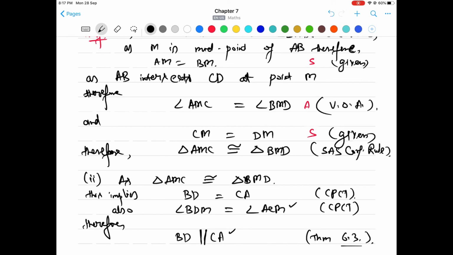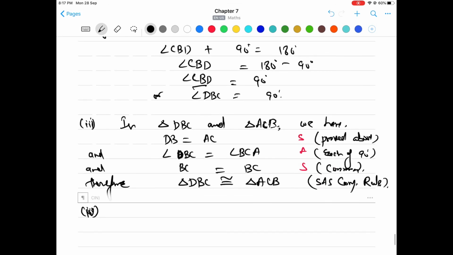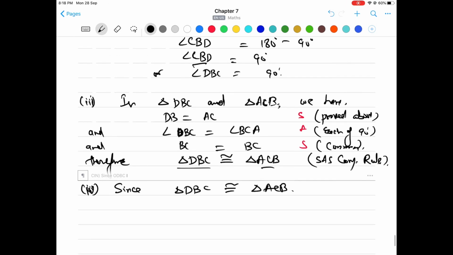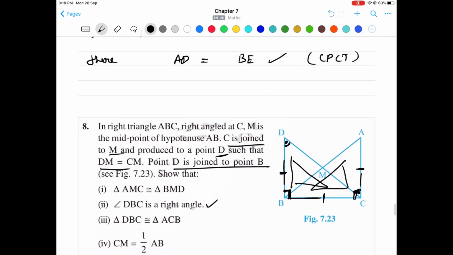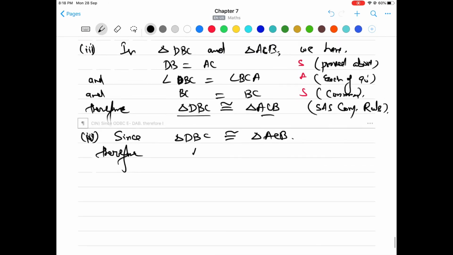Now the last part, the fourth one, is that we have to prove that side CM is half of AB. Since we have proved that these two triangles are congruent, so write: since triangle DBC is congruent to triangle ACB, therefore side AB will be equal to CD.